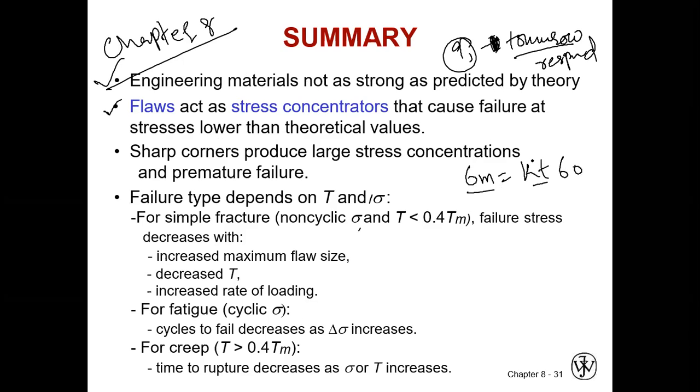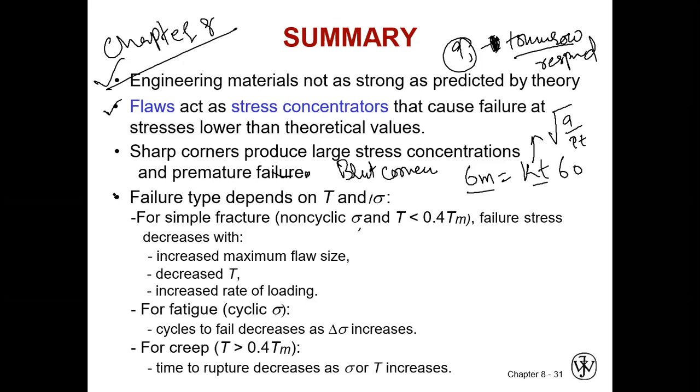And what was the value of KT? Sharp corners produce large stress and premature failure, while blunt corners produce low stress concentration and non-premature failure, right?